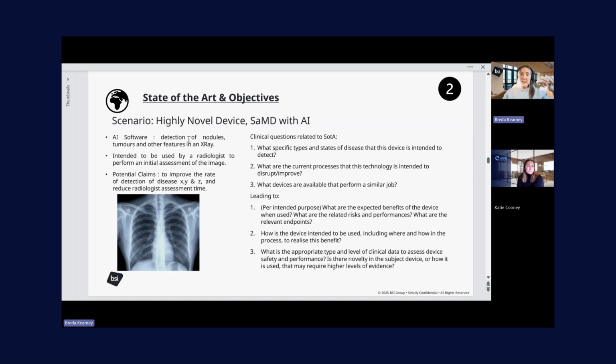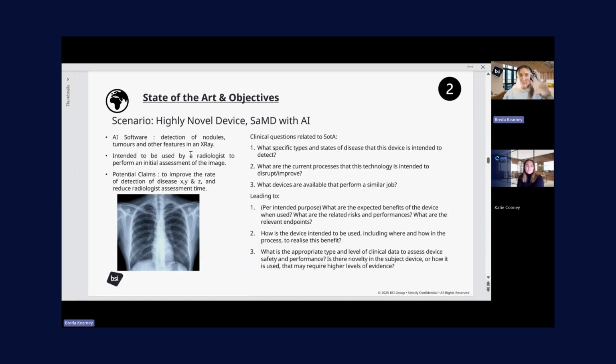It's used to detect nodules, tumors, and other features in an X-ray. It's intended to be used by a radiologist to perform an initial assessment of the image, and the claims are that it improves the rate of detection of the diseases X, Y, and Z, and it reduces their radiologist assessment time.